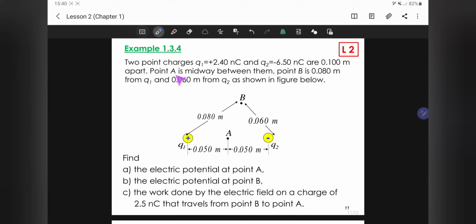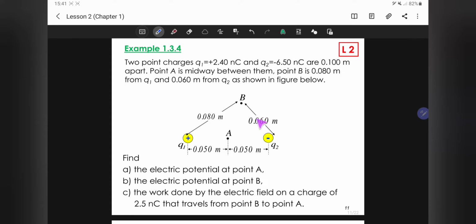Point A is midway between them, and point B is 0.08 meters from Q1 and 0.06 meters from Q2. The figure is given already, showing the positions of Q1 and Q2 and the two points A and B.